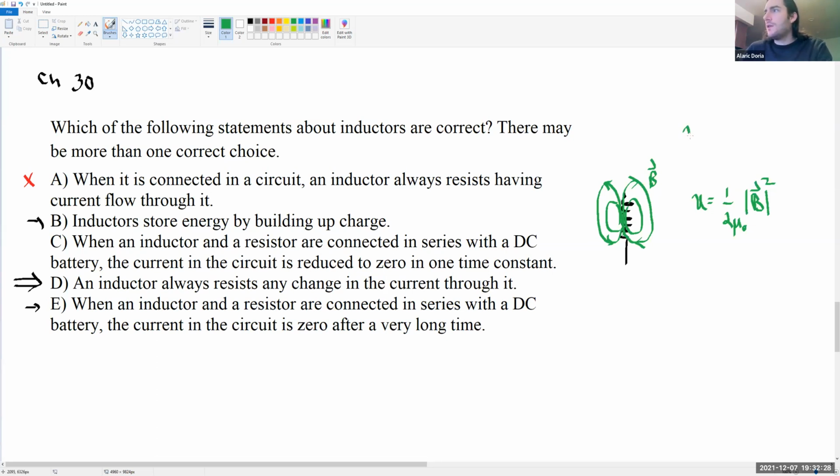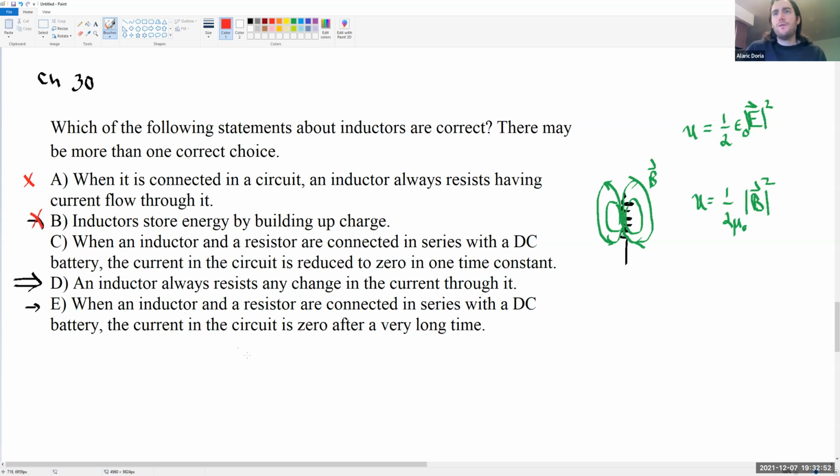But really the way you should think about it is that the energy is stored in the electric field between the plates of the capacitor. So that energy density is 1/2 epsilon naught times the magnitude of the electric field squared. Okay. So answer B here is not correct.